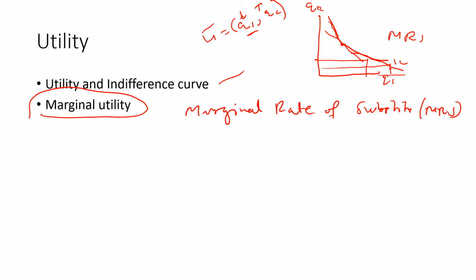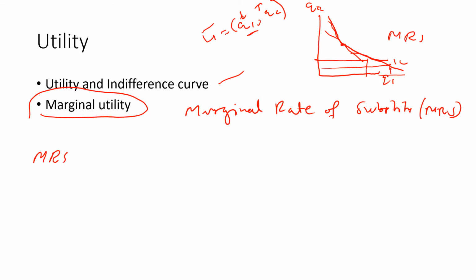We can use calculus to determine the slope, that is, the marginal rate of substitution, and we will show this MRS depends on how much extra utility an individual gets from consumption of an extra unit of a good, and we call this marginal utility.